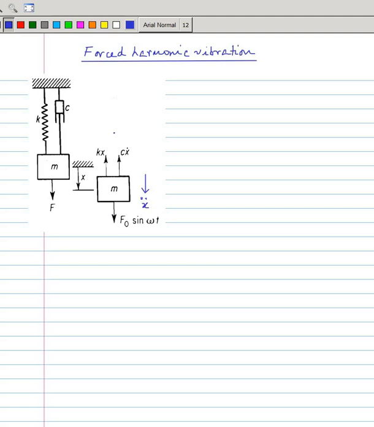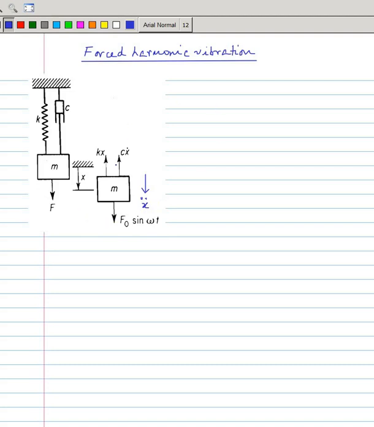Undamped vibration, actually all vibrations are damped to some extent, but it is important to learn undamped vibration in order to find out the natural frequency, and the natural frequency of free undamped vibration is more or less the same as the damped natural frequency, if the damping value is small. But this topic is a little different, because here now there is an excitation force.